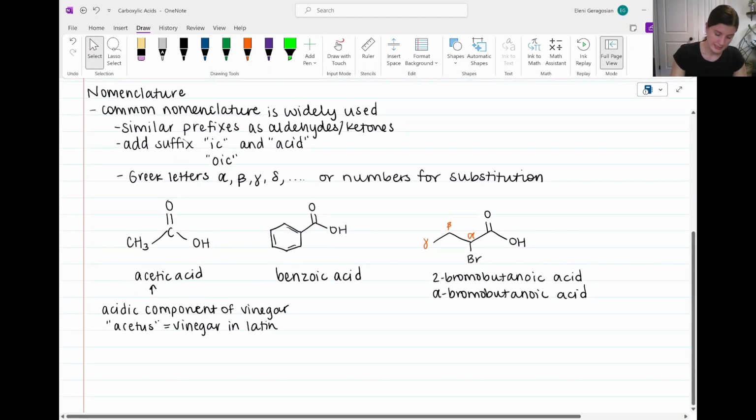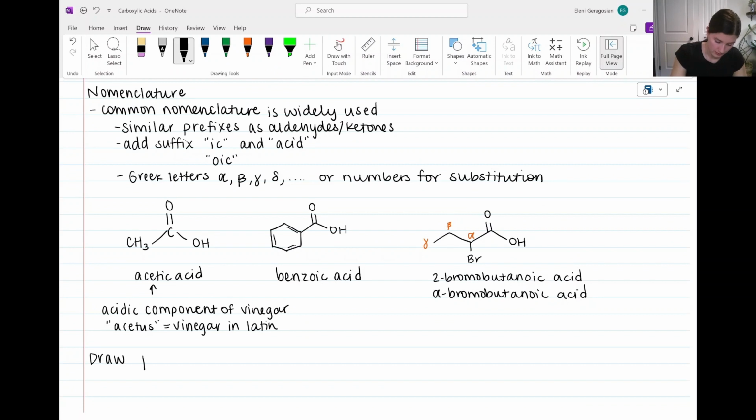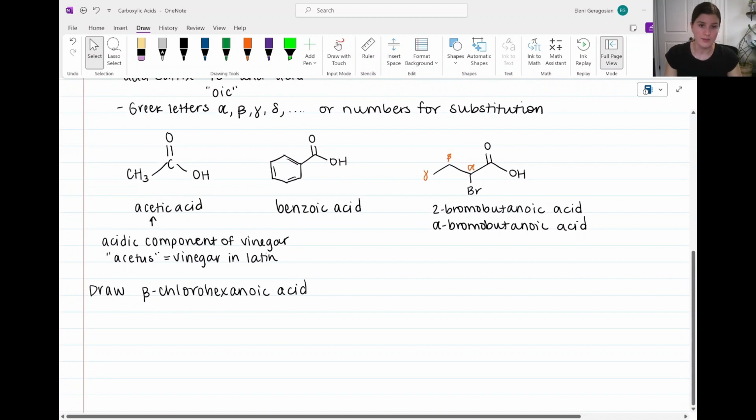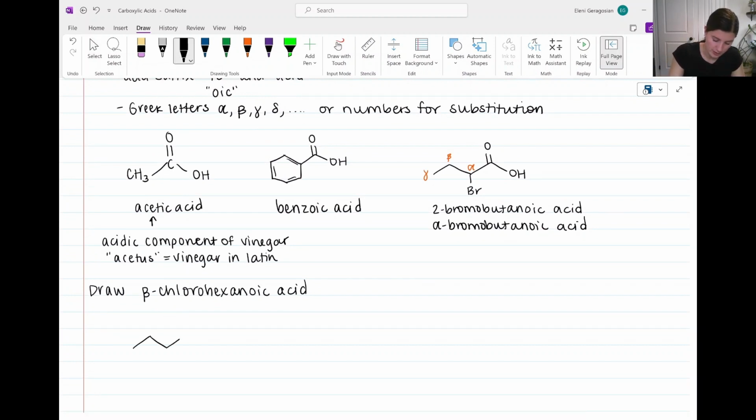Now let's do an example where we're given the name. So we will draw beta-chlorohexanoic acid. The hexanoic acid part tells us we have a 6-carbon chain.